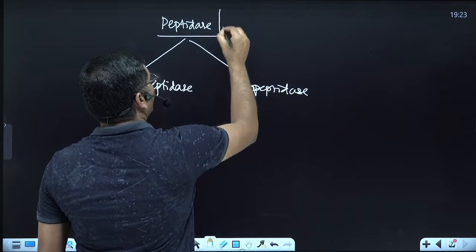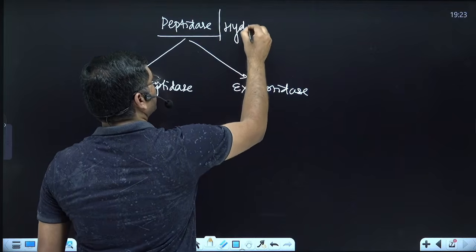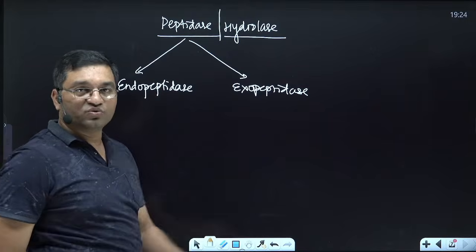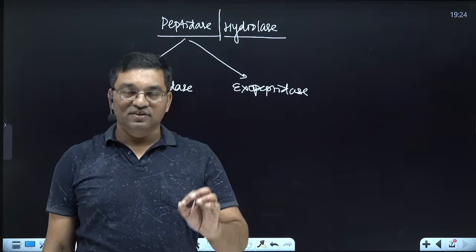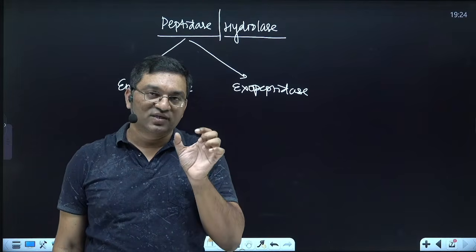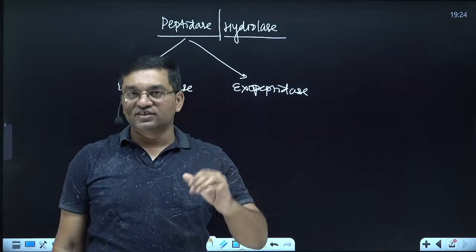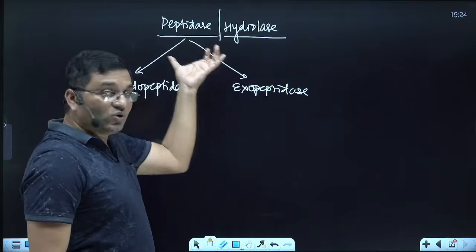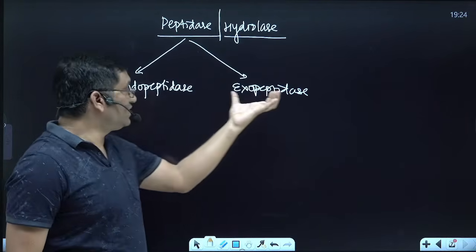These peptidases are hydrolases. So digestive enzymes belong to the class hydrolases. The enzyme commission number will start from 3. OTH, oxidoreductase transferase hydrolases. So two types, endopeptidase, exopeptidase.